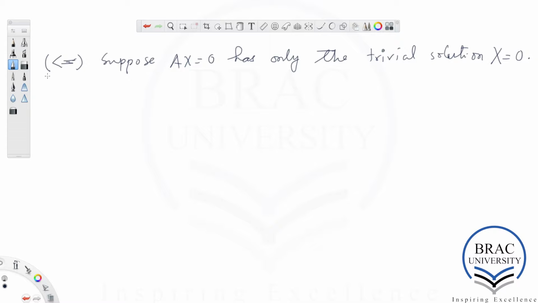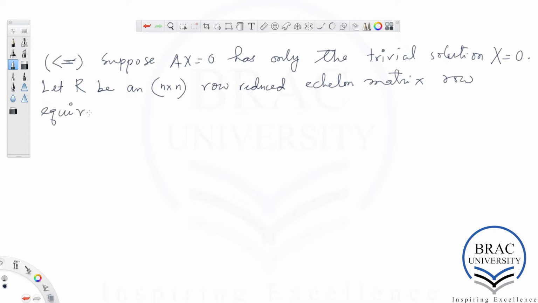Let R be an n times n row reduced echelon matrix which is row equivalent to A. So we start with this system, and we assume that this system has only the trivial solution.